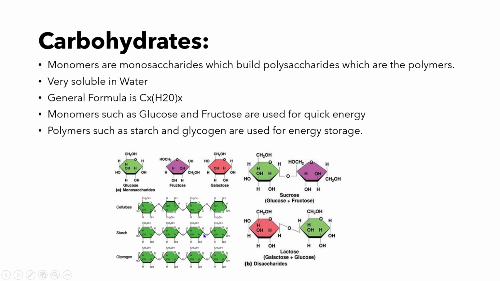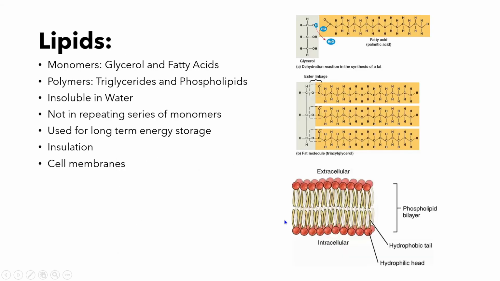Starch and glycogen are both used to store energy. Specifically, starch is used in plants and glycogen is used in animals. And cellulose is used structurally to make the cell walls of plant cells.